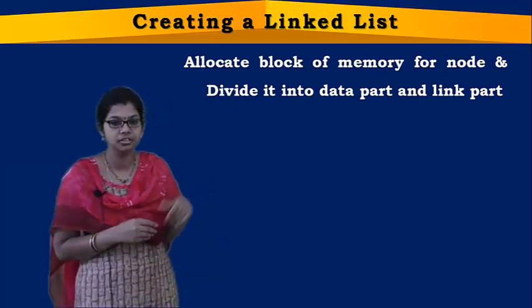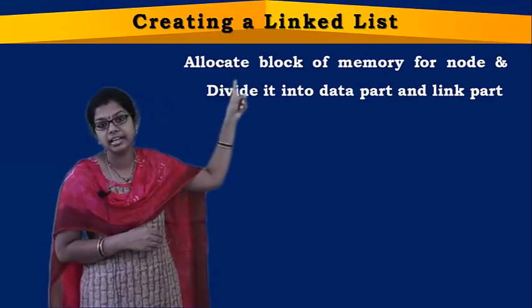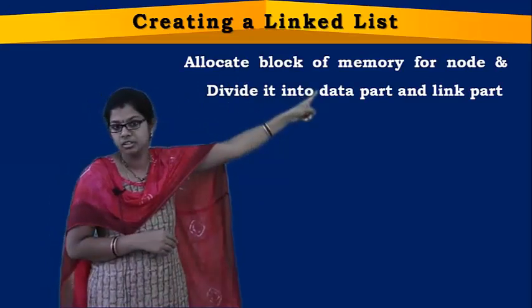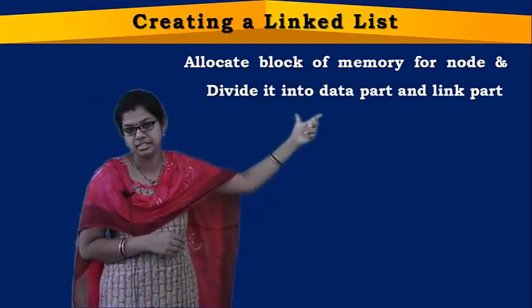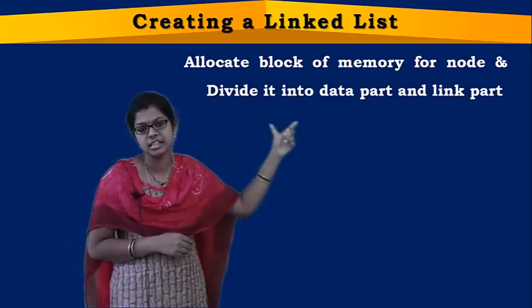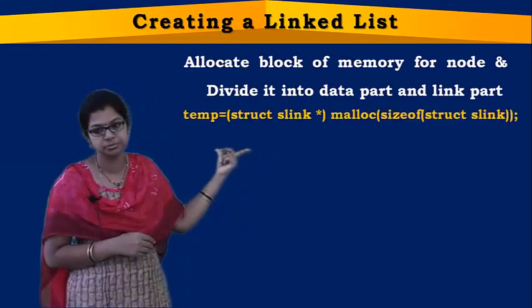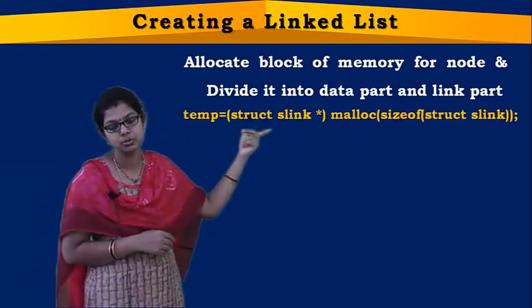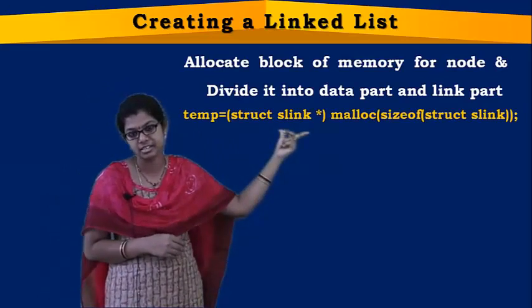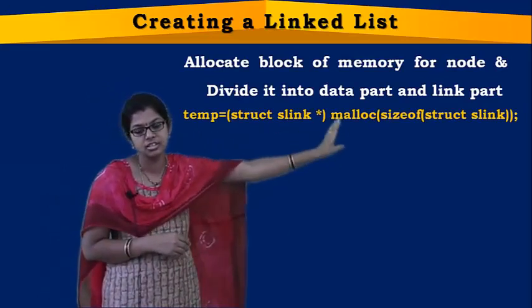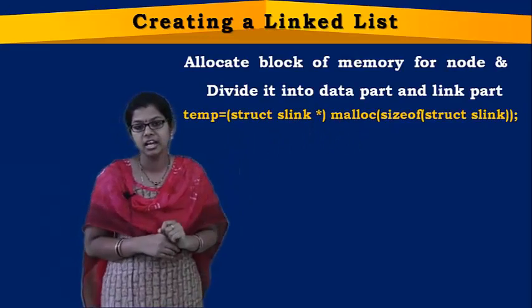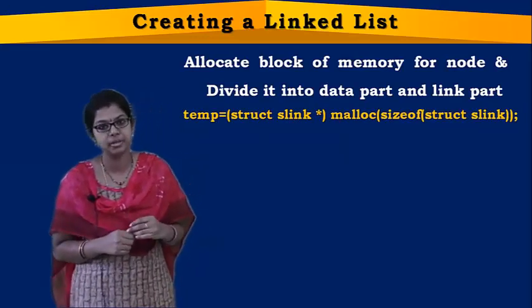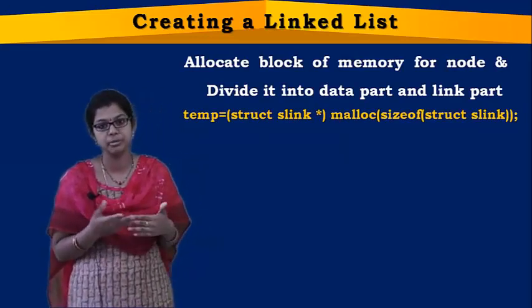So coming to the first step, that is allocating a block of memory and dividing it into two parts, data part and link part. This can be done by this instruction: temp = (struct slink *)malloc(sizeof(struct slink)). As we all know, we have dynamic memory allocation to allocate memory dynamically, right?